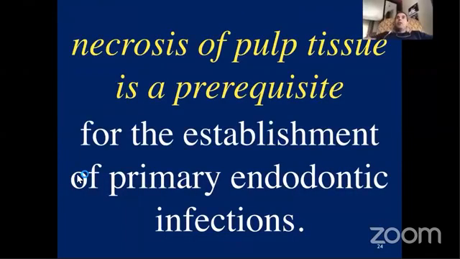And now our pulp is dead, or necrotic. So we have to remember, necrosis of the pulp tissue is a prerequisite for the establishment of a primary endodontic infection. If we don't have pulp necrosis, we will not have a periapical lesion or growth of microorganisms inside.